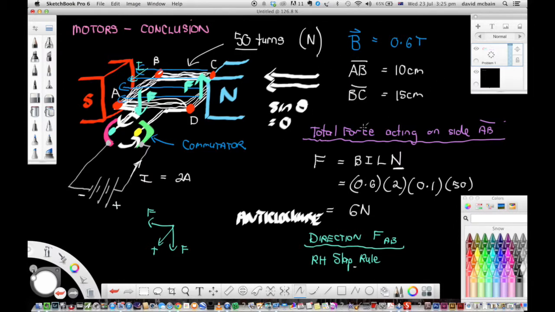Which means that for the section BC, because the conductor and the field lines are parallel, the sine of the angle will be 0, therefore all of this will be 0. There is no force acting on length BC at the moment.